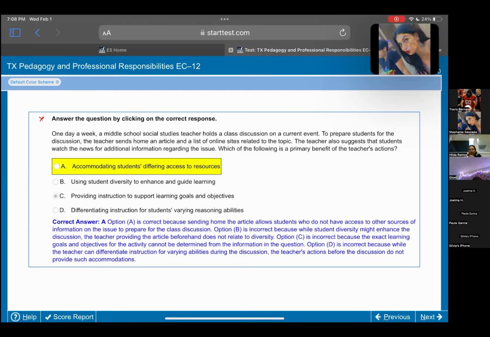Providing instruction to support learning goals and objectives. Now, this one is wrong because she has not provided instruction. Instruction is, I'm teaching you. This scenario talks about a teacher that holds a discussion about a current event, and she sends things home with the students to prepare.